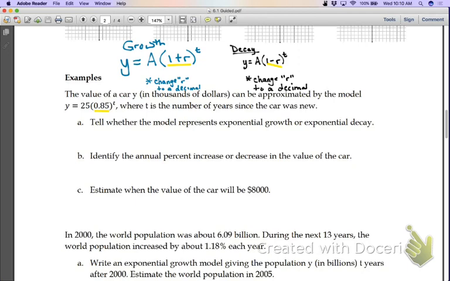If 1 is your baseline, what happened? Did the number go up or did it go down? It went down, right? So because this number right here went down, it's going to be exponential decay.